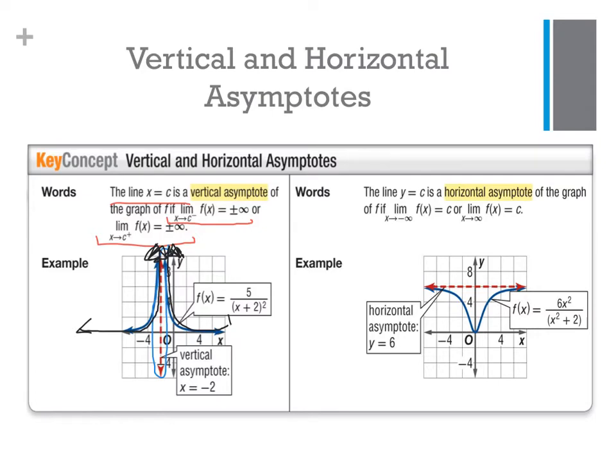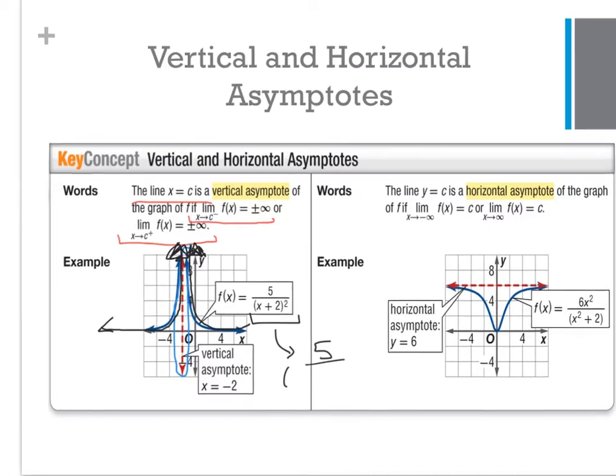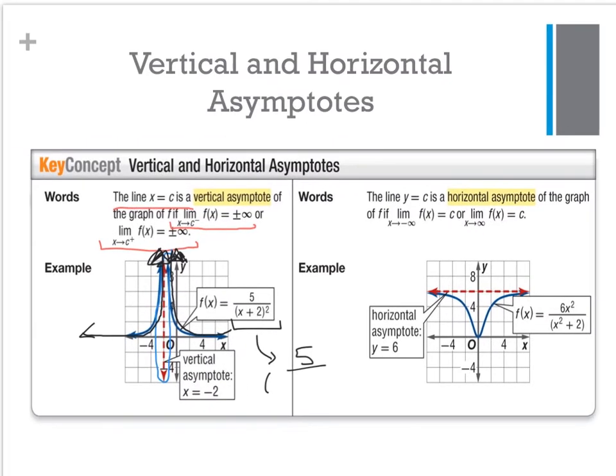Now the other way you can look at this is if I write out the function as 5 over x plus 2, in that case the domain is restricted because the denominator cannot equal 0.